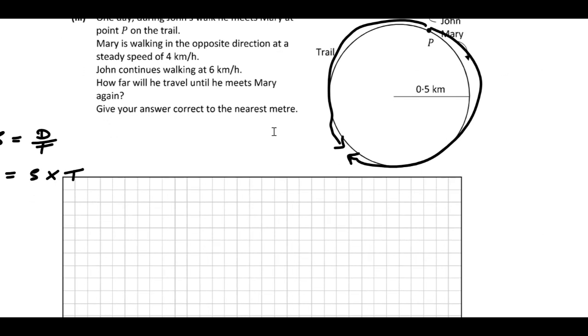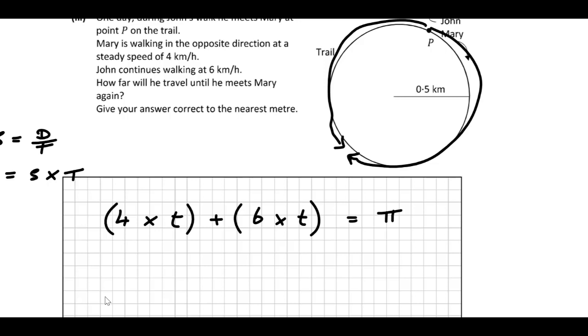So the distance that Mary is going to travel at a speed of 4 kilometers per hour, and let's take the time that it takes her to meet John, let's say t. If we add John's distance, John is walking at 6 kilometers per hour, so it's going to be 6 times t. Remember, it's going to be the same time, and that should equal pi.